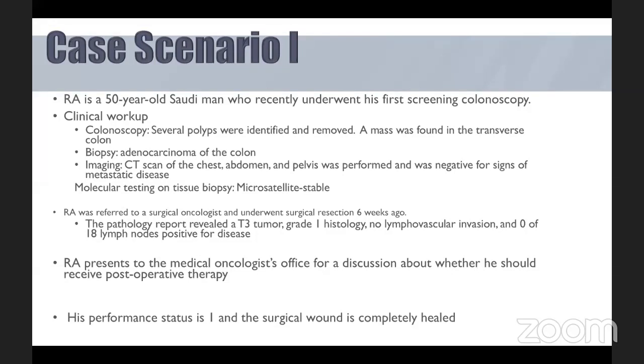The patient had the surgery and was negative for lymph nodes. He was T3. There was nothing high risk with this patient. He presented to his medical oncologist and wants to know what treatment option he will have after the surgery. His performance status is 1. So what do you think is the appropriate option for stage 2A colon cancer for this patient?